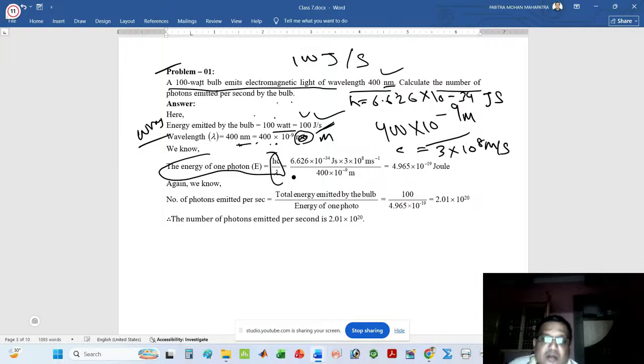Clear? Now put the value of h, 6.626 into 10 to the minus 34 joule into second, and the value of c, 3 into 10 to the 8 meter per second, and the value of lambda. Lambda is 400 into 10 to the minus 9 meter.